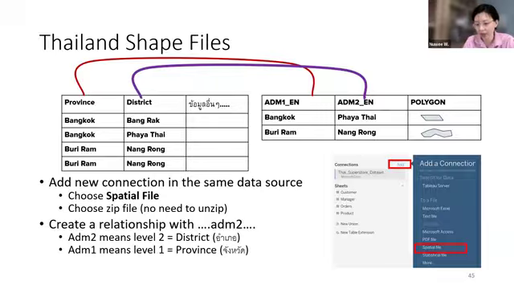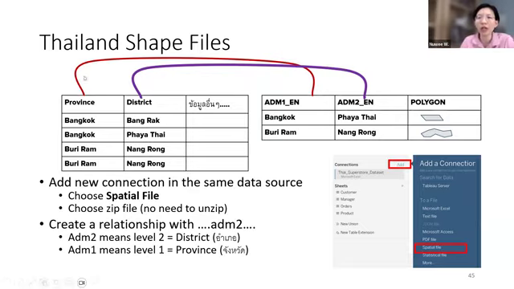When you open the shapefile, you can see there are a lot of columns. The columns are named under the level of detail that I have just said: 1 means province, 2 means district, and 3 means sub-district. So you need to join or make a relationship according to the data that you have, so it maps together.